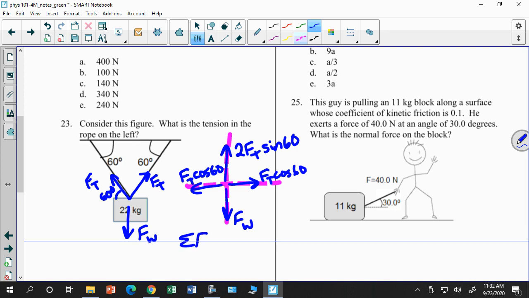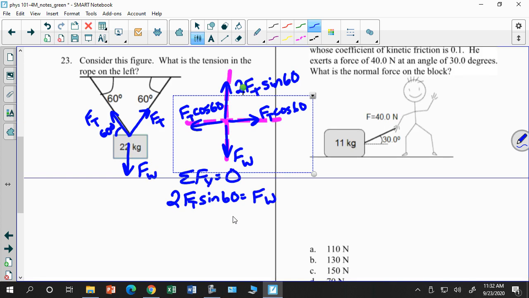This is the sum of the forces in the y direction. Since it's not accelerating, it's going to be 0. So I say 2 FT sine of 60 minus FW equals 0. But that means that it's equal. And then solve for FT.